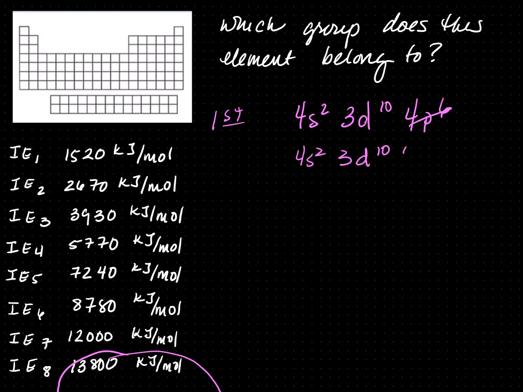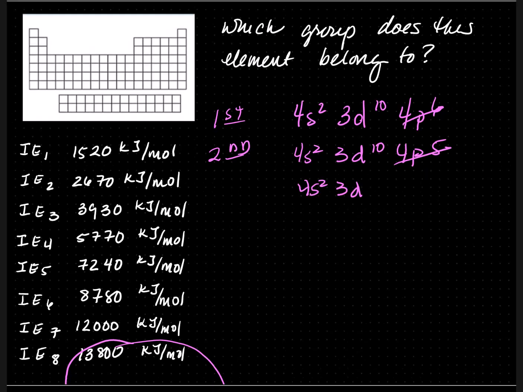My second electron is removed from 4p5. This becomes 4s2, 3d10, 4p4. So the third electron is going to be removed from 4p4. So now the electron configuration becomes 4s2, 3d10, 4p3.